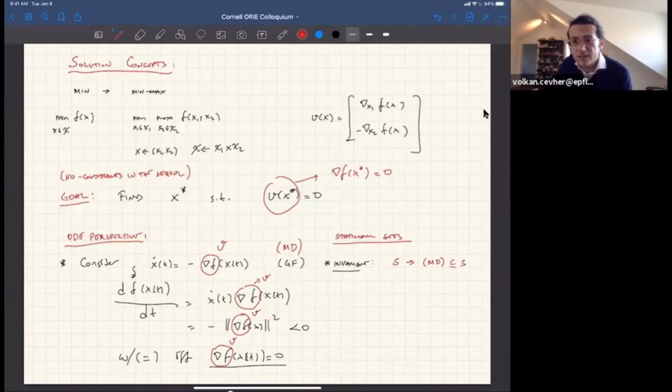This is an invariant set. Then attracting sets. Attracting sets are invariant sets, and they're attracting, meaning that they attract the nearby orbits of the mean dynamics.